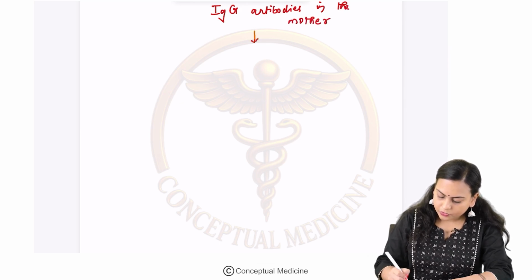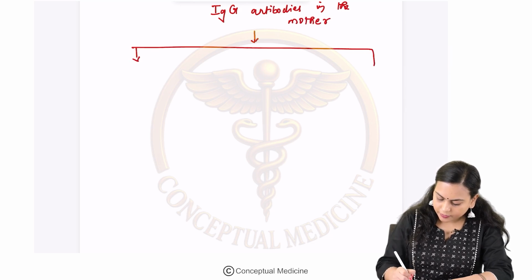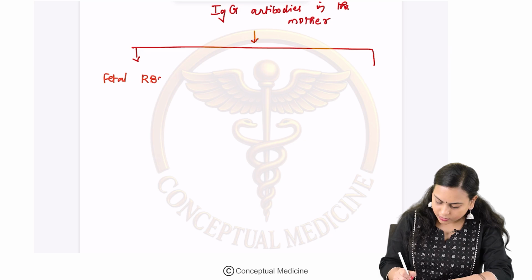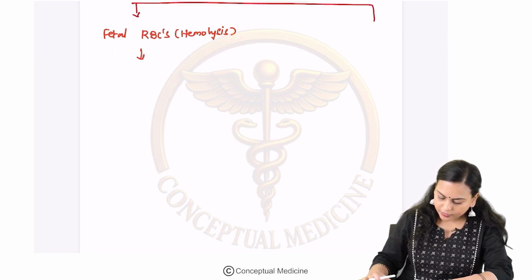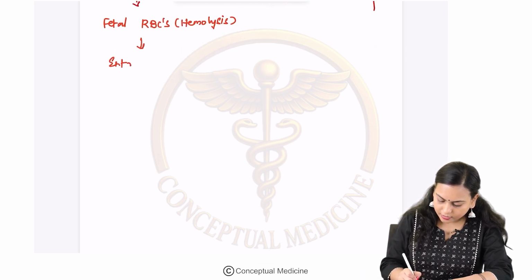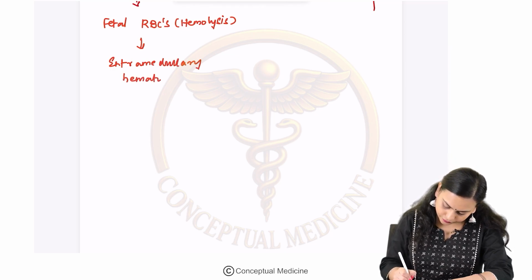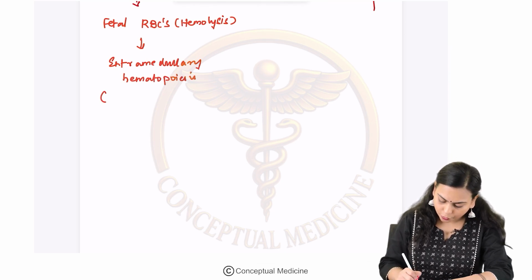First thing that is going to happen is fetal RBCs are lysed, that is hemolysis happens, and because of the hemolysis there is extramedullary hematopoiesis, especially hepatic erythropoiesis.